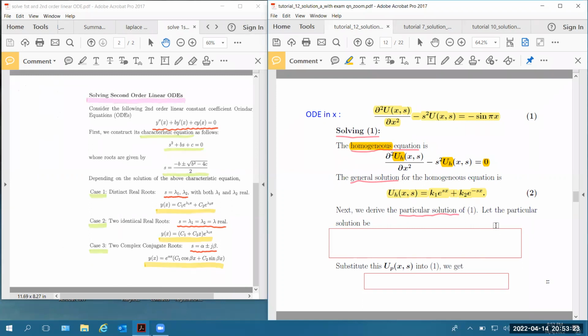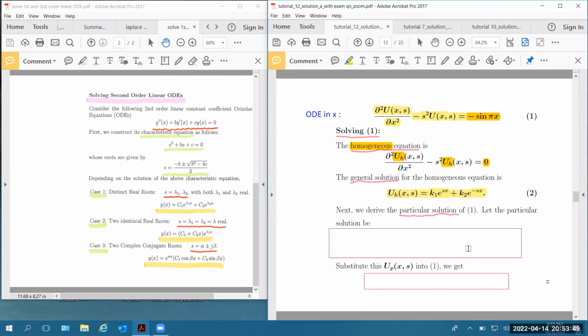To find this particular solution, you need to look at the right-hand side here. You see this minus sin(pi x), and then you let your particular solution be something of a similar form.